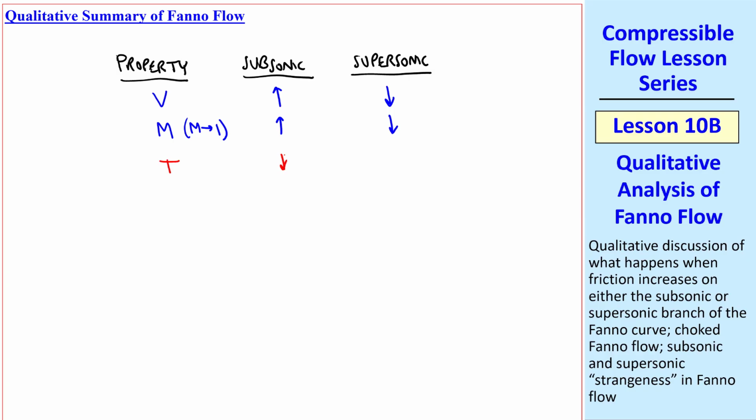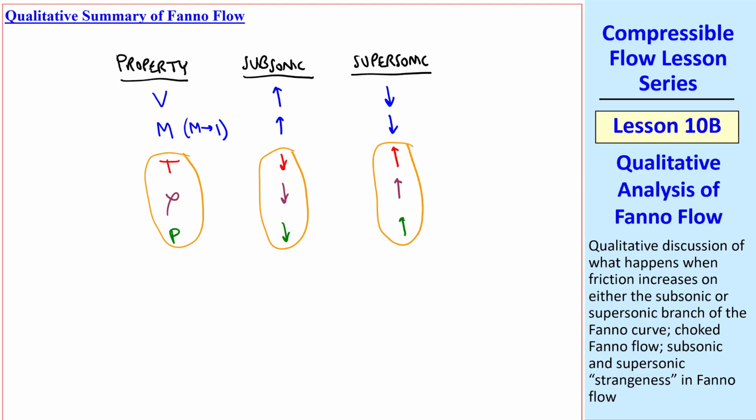Temperature goes down in the subsonic case and up in the supersonic case. Density follows the same pattern as temperature, down and up. And pressure also goes down subsonically and up supersonically. Notice here that temperature, density, and pressure, all three go down in subsonic and all three go up in supersonic. But they're opposite between the subsonic and supersonic branches.